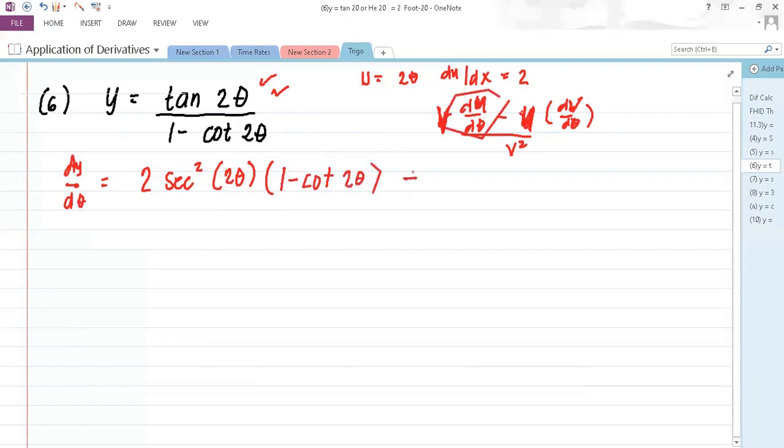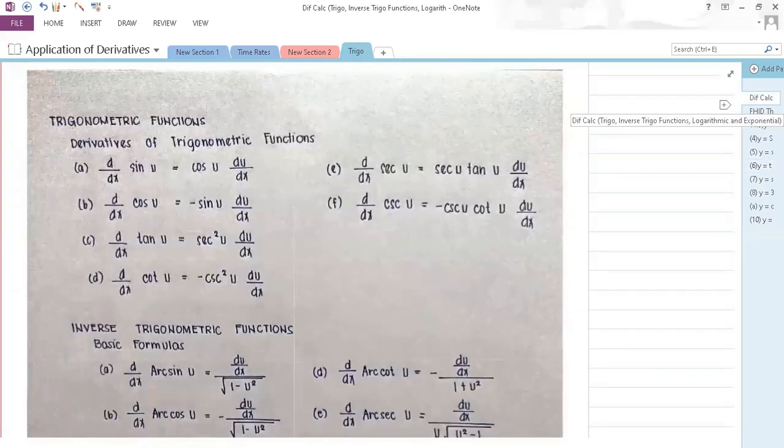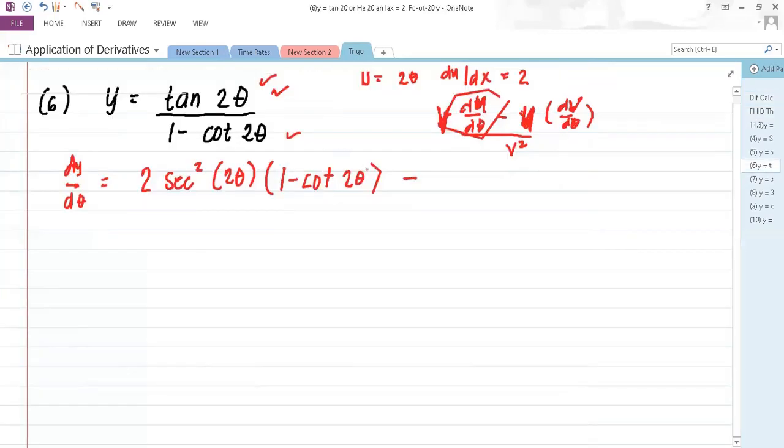So, minus the derivative of the denominator. So, anong derivative ng 1 minus cotangent of 2 theta? Okay? So, the derivative of 1, that is 0. Ang derivative ng cotangent is negative cosecant squared. Okay? So, the derivative of cotangent is negative. So, this is negative, negative, positive.